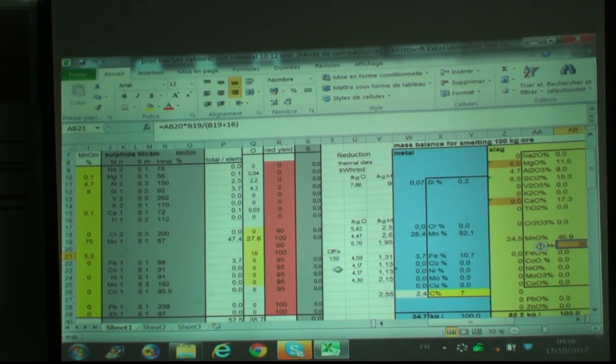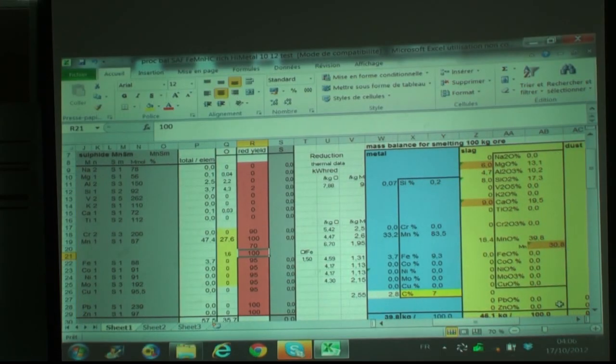And therefore, I adjust the 60 to obtain about 30, 30.6.